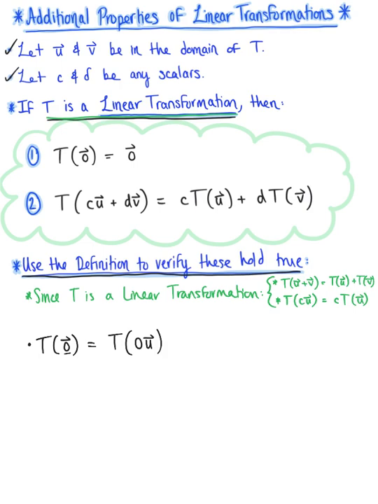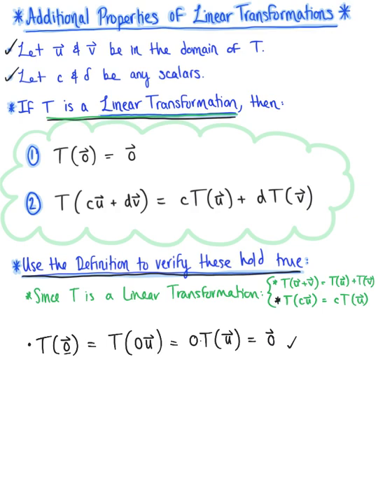Now, since linear transformations preserve scalar multiplication, we can rewrite this as the scalar multiple 0 multiplied by the image of vector u under the action of T. We of course know that 0 multiplied by any vector is going to leave us with the 0 vector. And whoops, we did it. We have verified that first property.